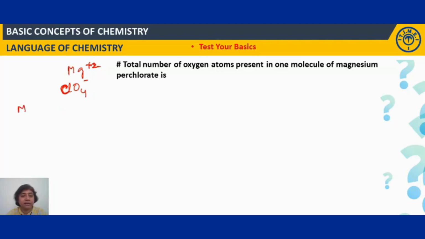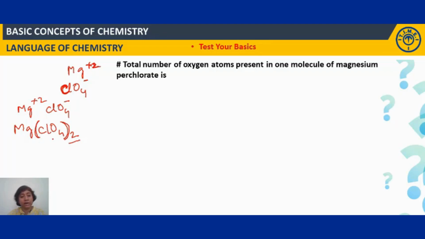So let us write Mg +2 and ClO4 minus. So what should be the formula? Mg(ClO4) taken twice.